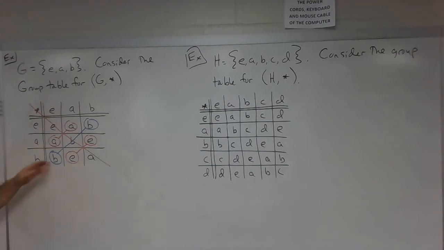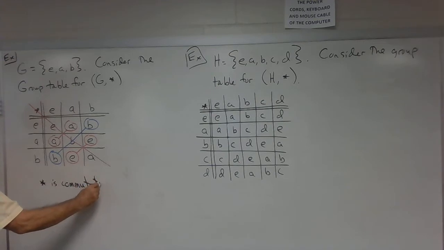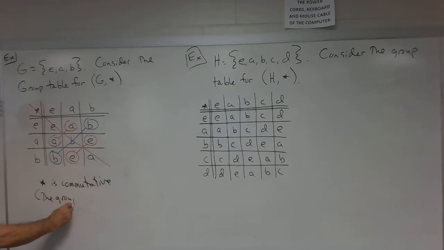The elements, as we look at them across the main diagonal, all pair up. If we take an element below the main diagonal and match it up with its counterpart above the main diagonal, same element in every case. So that tells us that the operation is commutative, or we could say the group is abelian.